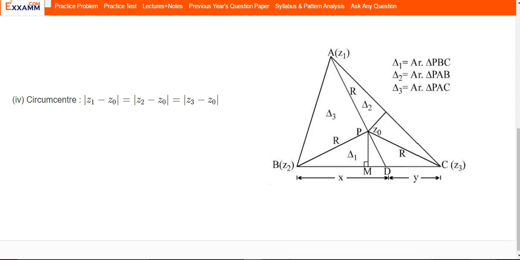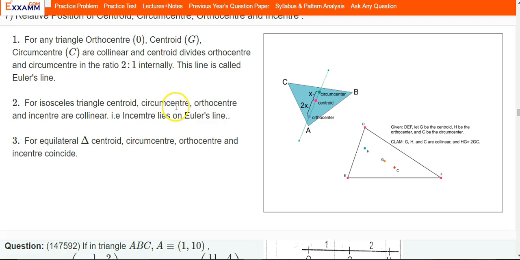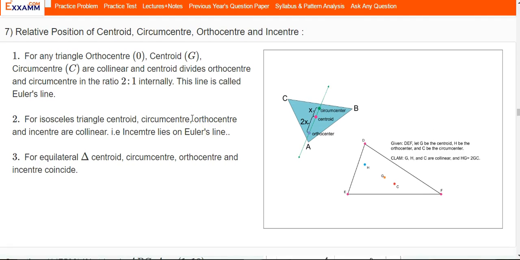Now let us see the relationship between circumcenter, orthocenter, incenter and centroid. We will start from coordinate geometry and use the same relationships in our lecture number 12420, which covers all these points with respect to coordinate geometry.